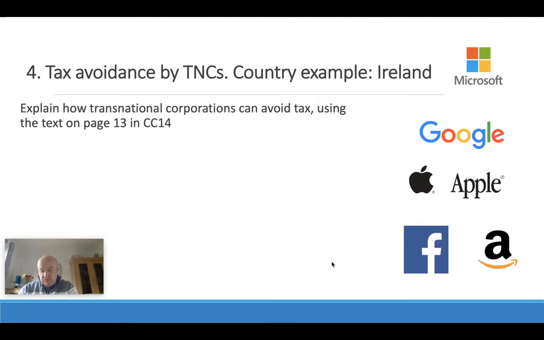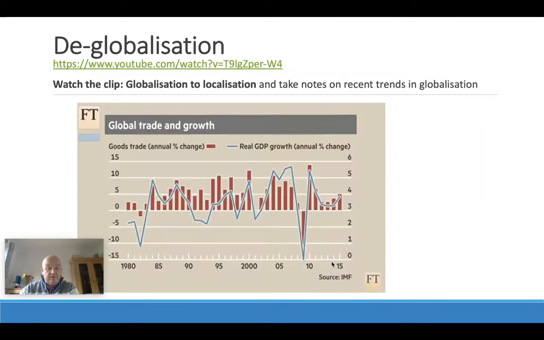But one would have thought, given how right on Apple are in terms of their human rights, etc., that they wouldn't necessarily be doing those sorts of things. However, I'll leave you to take a look at that and go into it in a bit more detail if that's something that interests you. So tax avoidance, clearly a big issue.